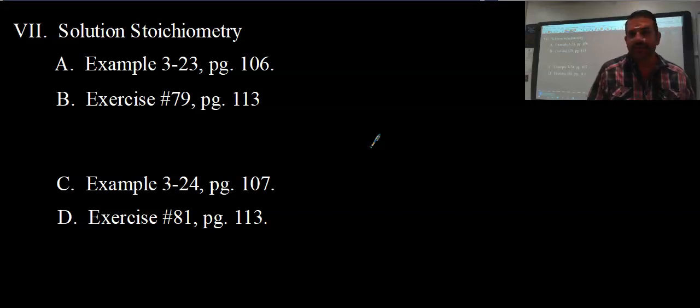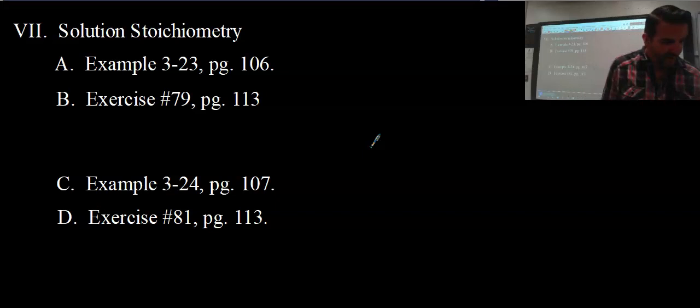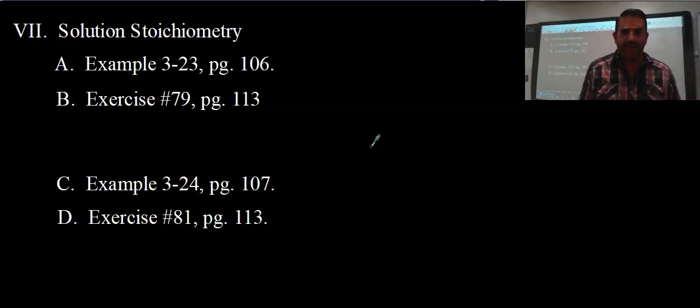If you want to do multiple steps, you can, or you can just set it up where you use molarity as a conversion factor. It shows in the book, the very last conversion factor, 1 liter of the solution over 0.324 moles of the solute. That will allow you to find the volume of that solution needed to react with the other reactant.